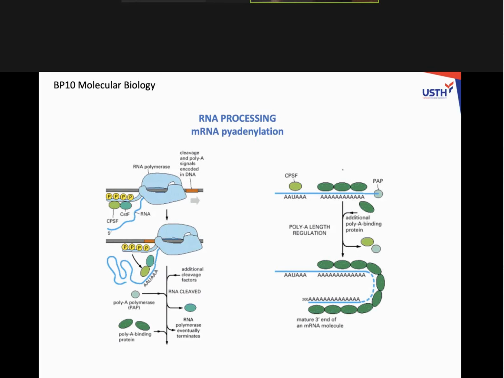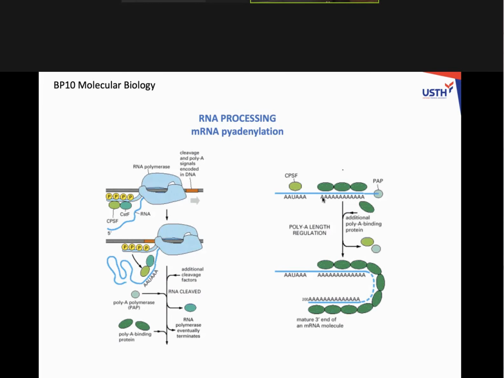POL2 stops because it transcribes a DNA sequence into RNA, and it is the RNA sequence that is going to be responsible for the stop of the transcription and the subsequent addition of the poly-A tail. Okay, so it was just to be sure that, you see, there are common features between these polymerases and some very specific features of each polymerase.